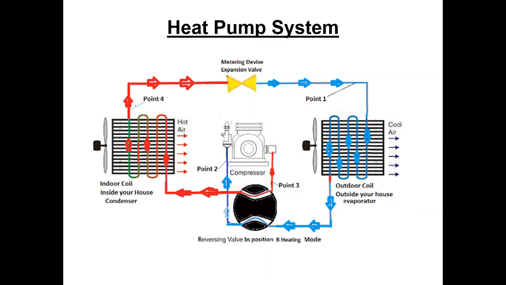Now we've got our cold, and you can tell, the hot is red and the cold is blue. On the low pressure side of that expansion valve, in the heat pump mode, that may be minus 10 Fahrenheit. It's 20 degrees outside. When you're at minus 10, 20 looks pretty good as far as getting warm, you know?